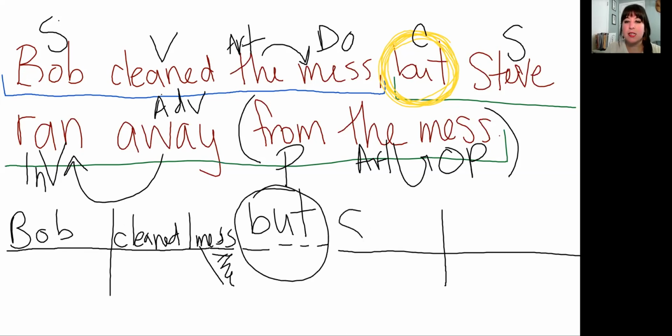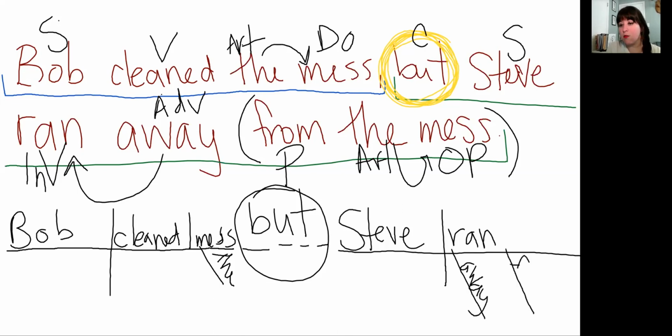But Steve, what did Steve do? Steve ran. Where did Steve run? He ran away. Steve ran away from mess. And then if we had room, we would put the down here. Okay? All right, it's super easy.